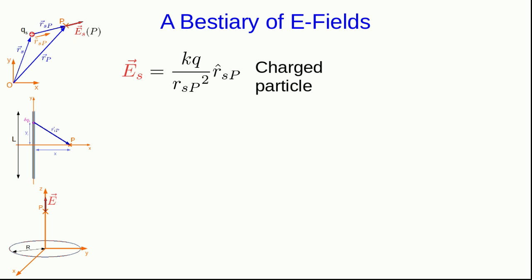Well, we've just come up with what is probably a rather bewildering array of E-field expressions for different sorts of objects. So let me help you out and go through them and point out what is and is not important. So we started with the E-field due to a charged particle.